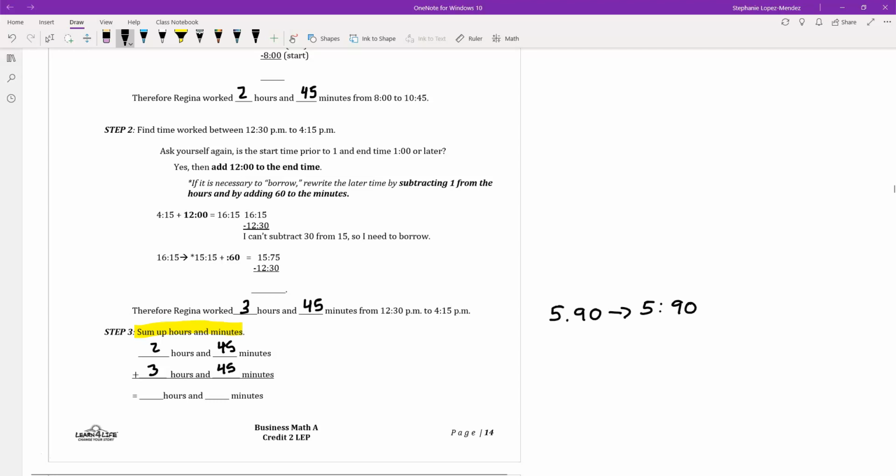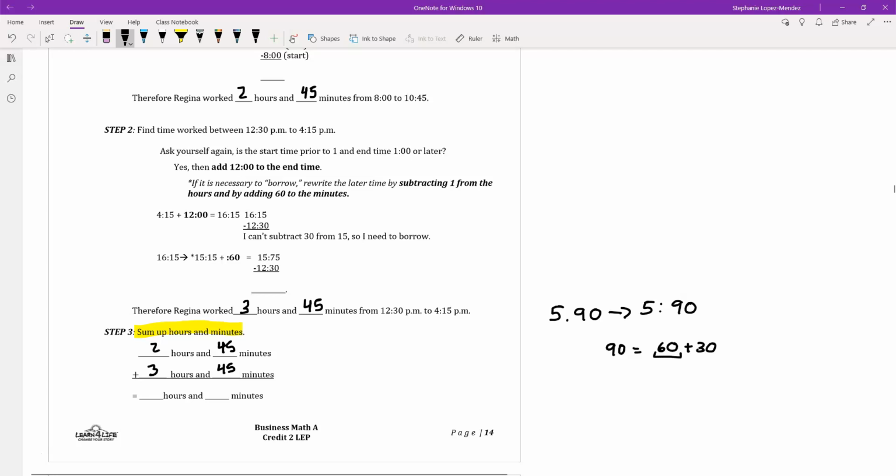Okay? So remember how we borrowed the 60 minutes? We can now do that on the contrary. So those 90 minutes can also be written as 60 plus 30. That means that those 60 minutes that I have here, I can convert to an hour.